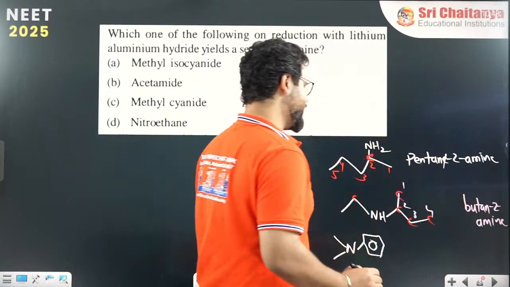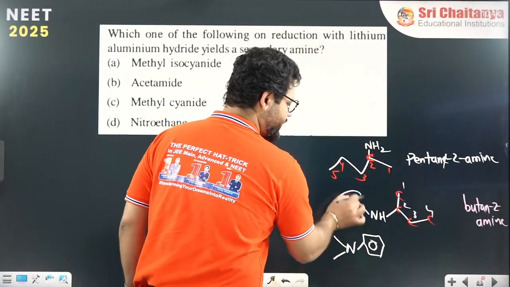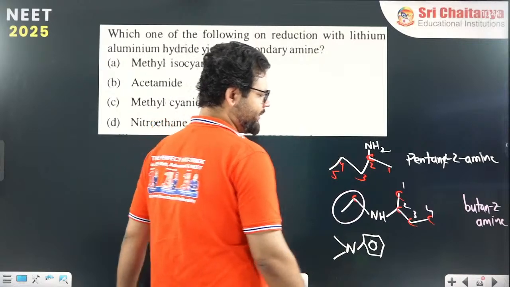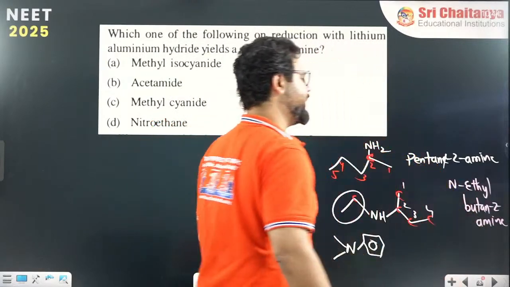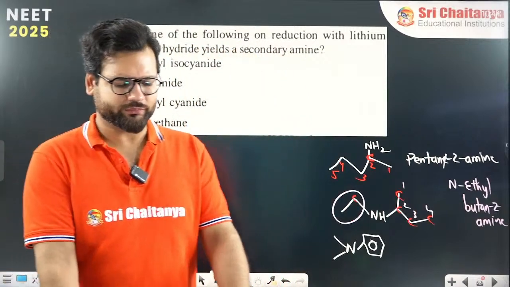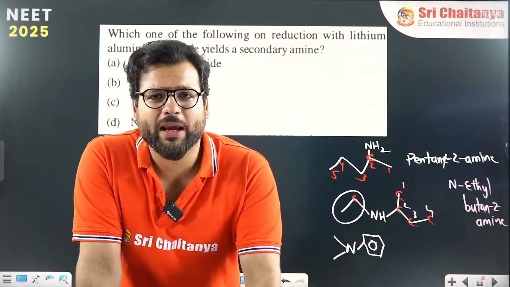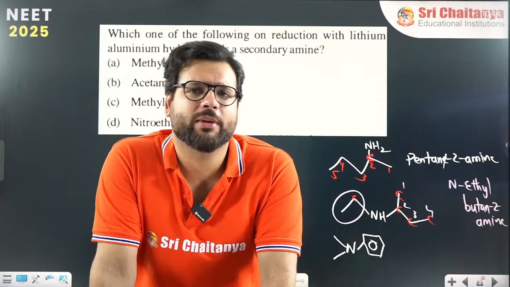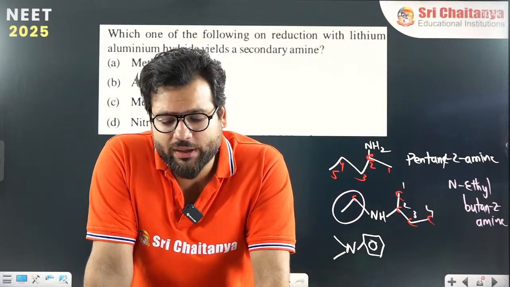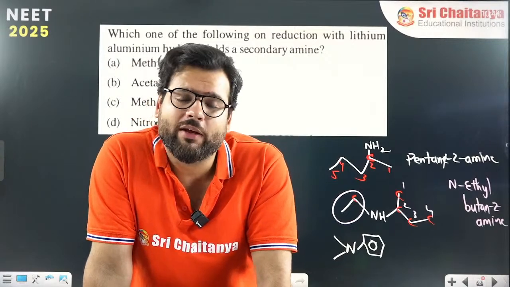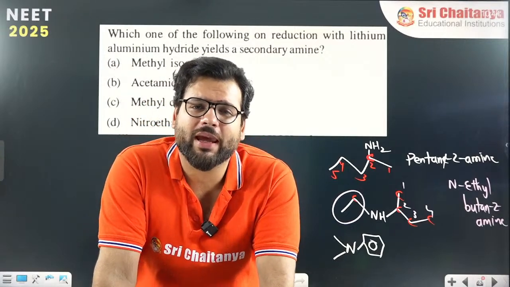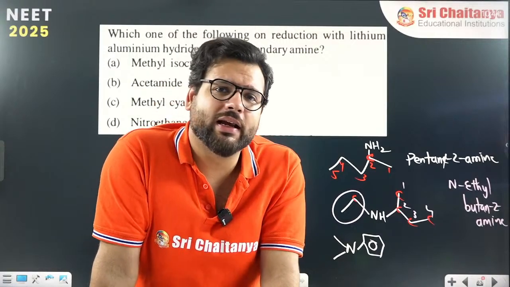And then whatever is attached to the nitrogen, just write it in the beginning. N-ethyl butane 2 amine. So whenever you have a primary amine, naming will be alkane amine. Whenever you have a secondary amine, naming will be N-alkyl alkane amine. Whenever you have a tertiary amine, naming will be N,N-dialkyl alkane amine.